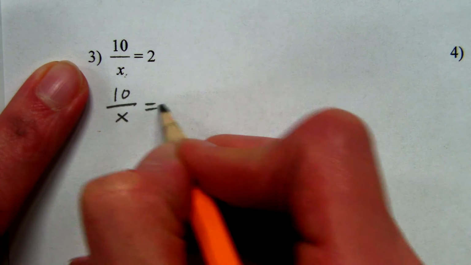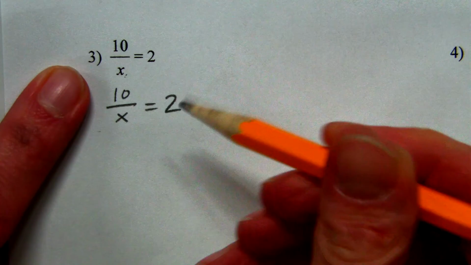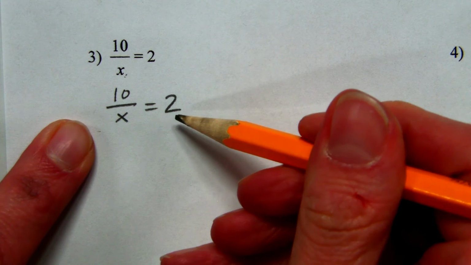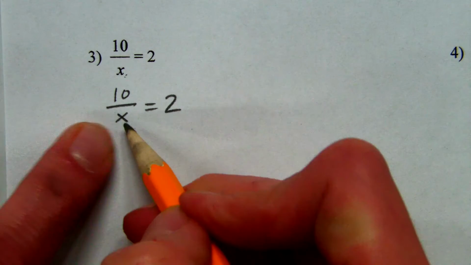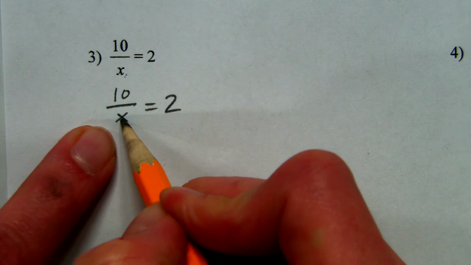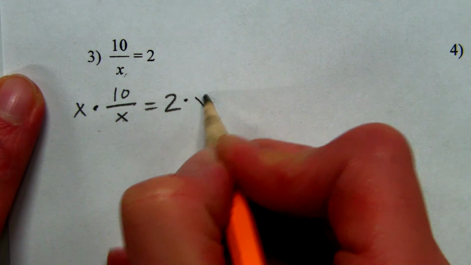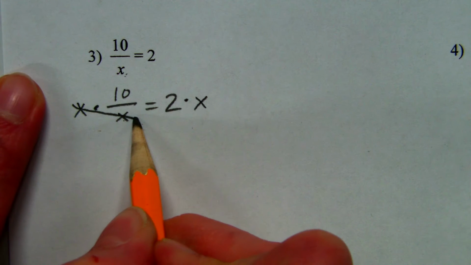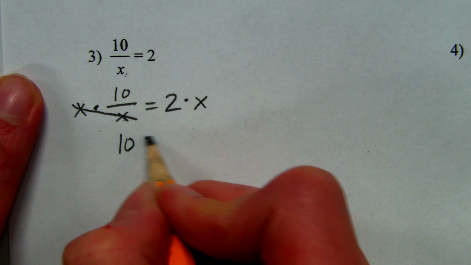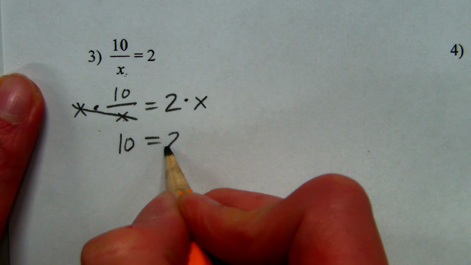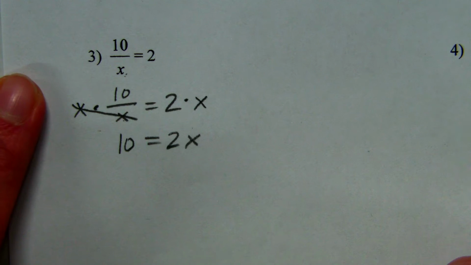I'm going to rewrite this just to make it neat. So I just wrote the problem again. And then we're going to multiply by the denominator, which is x. So I'm going to take both sides times x. That cancels this out. We get 10 equals 2 times x, or 2x, however you want to write it.